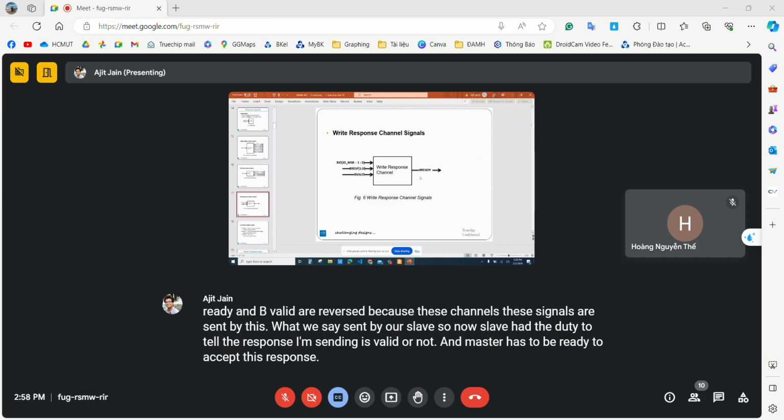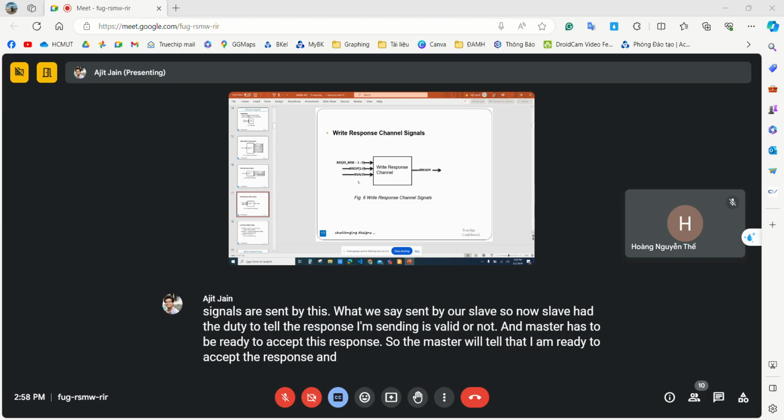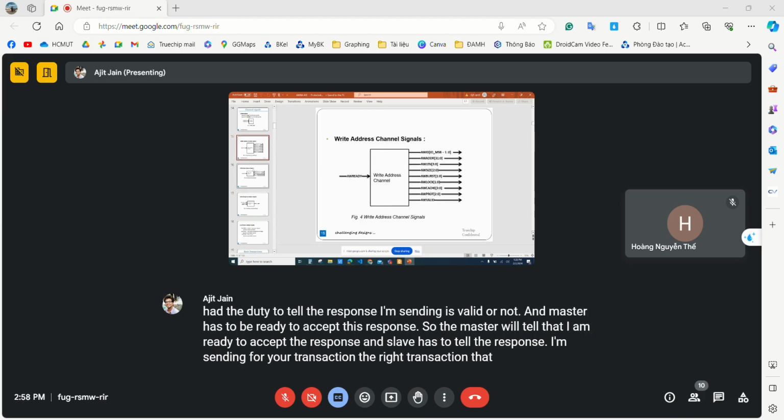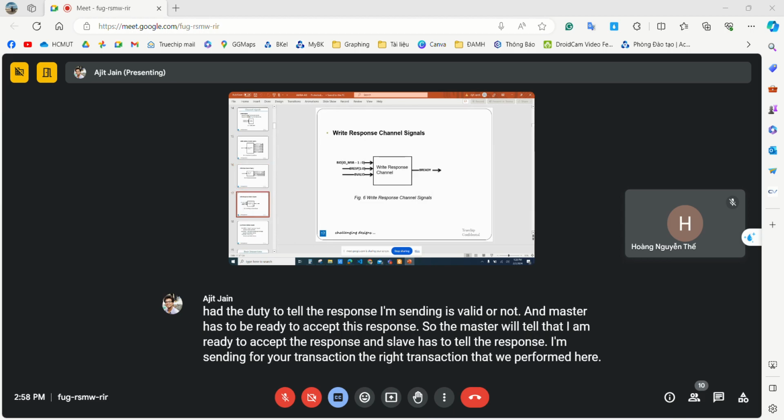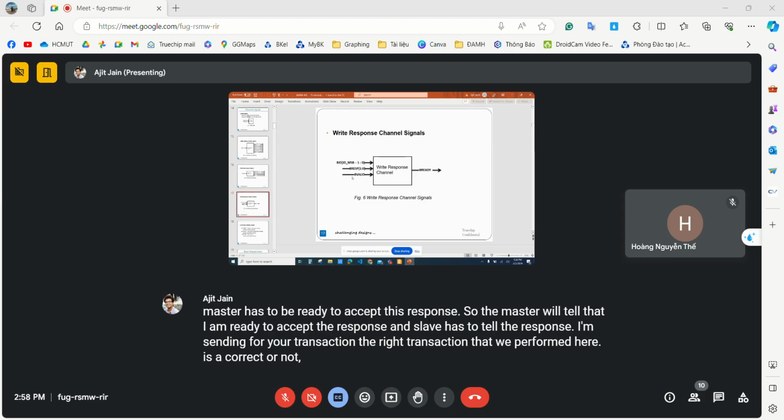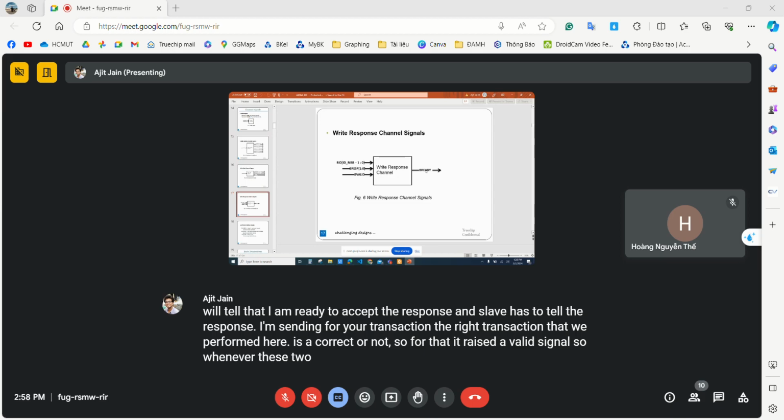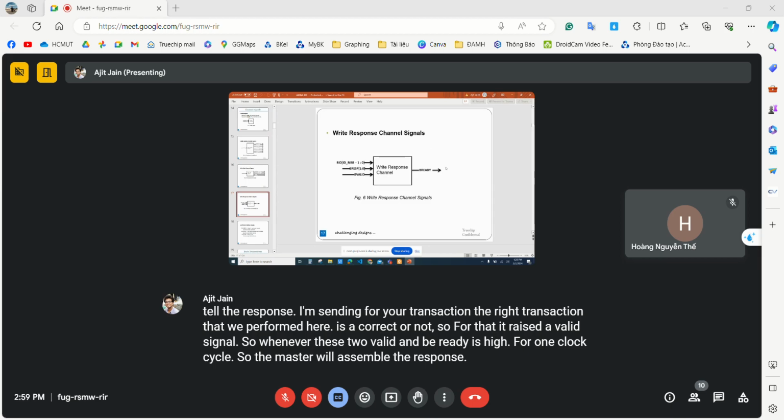So the master will tell that I am ready to accept the response, and the slave has to tell that the response I am sending for your transaction, the write transaction that we performed here, is correct or not. For that it raises a valid signal. So whenever B valid and B ready are high for one clock cycle, the master will sample the response at the master side.